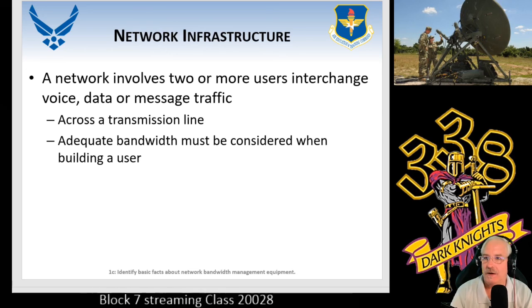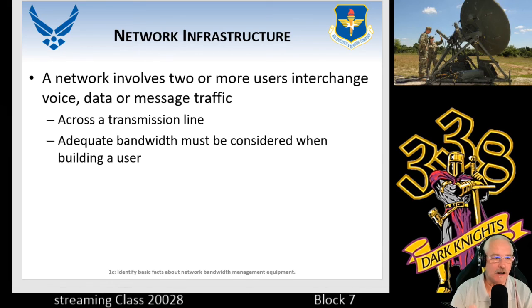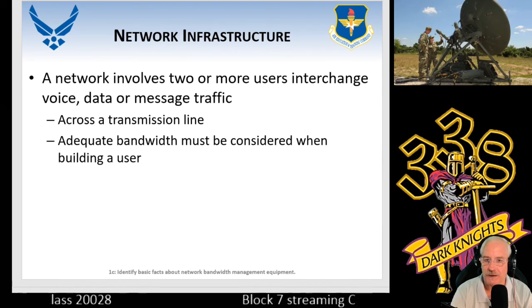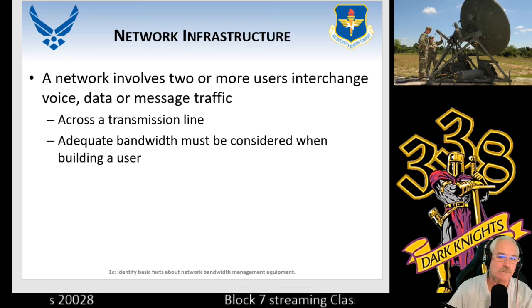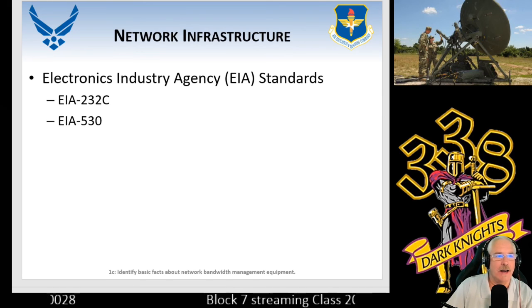So this is where basically the internet comes in, in how we look at putting everything together along a transmission line, and when we look at bandwidth, we have to figure out how much we're going to need within that service area.